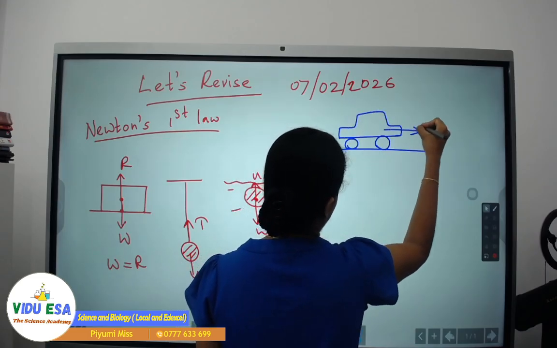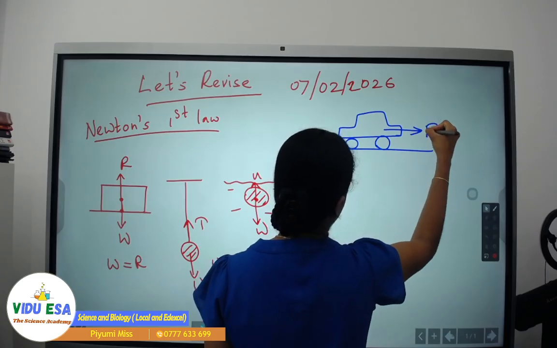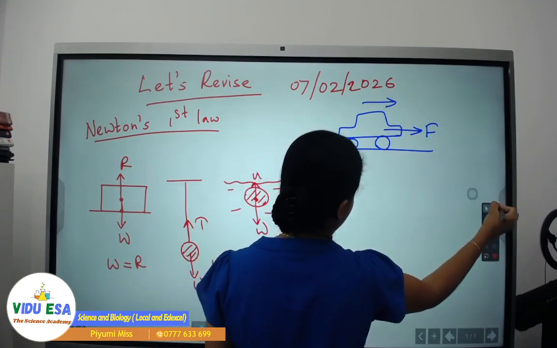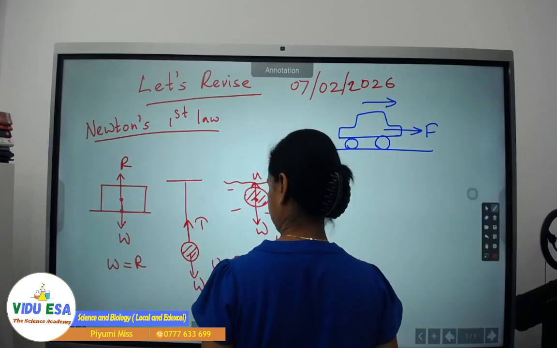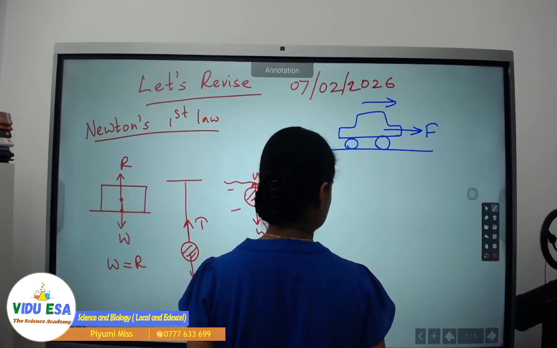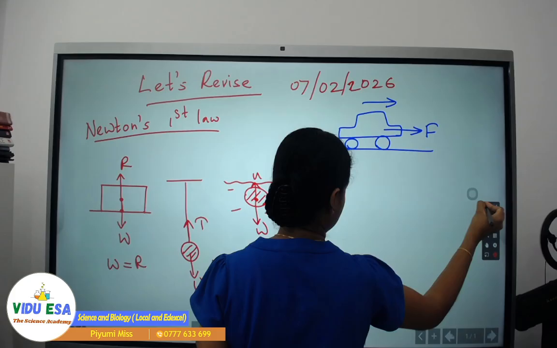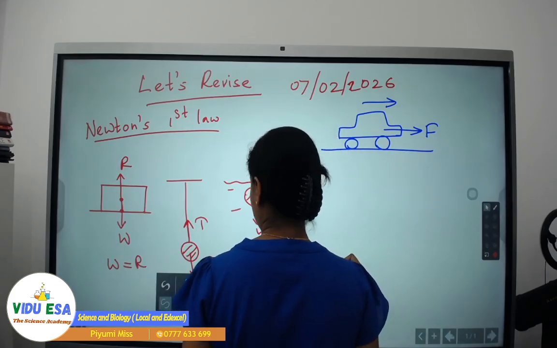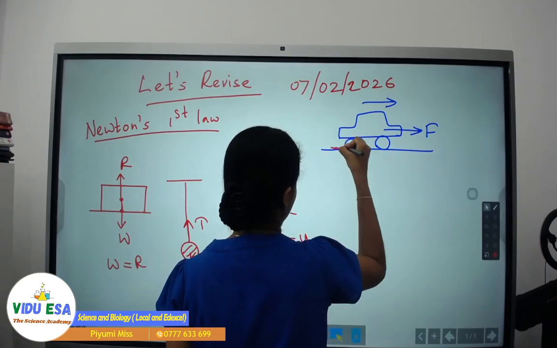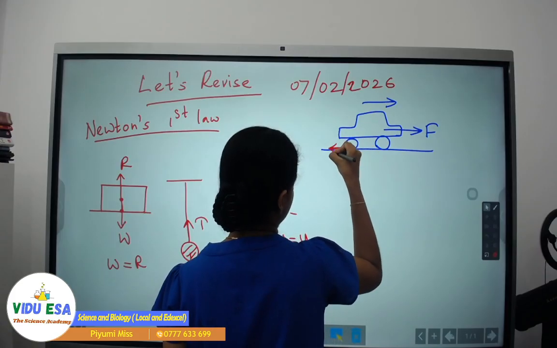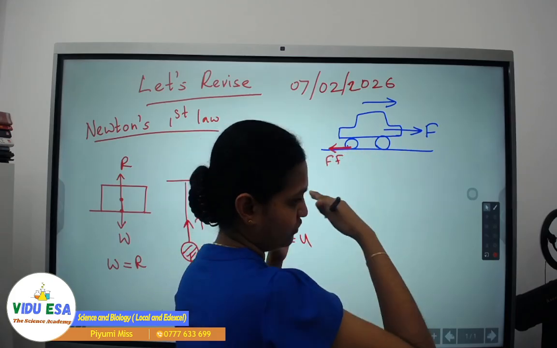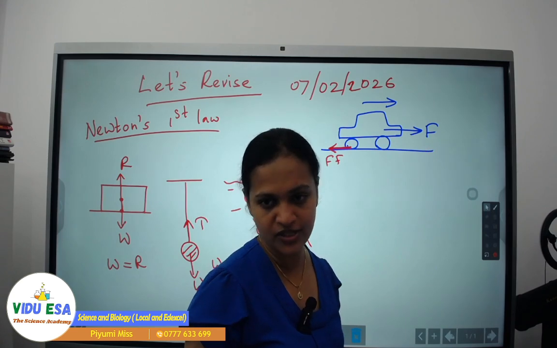If it is moving this way, the frictional force is exerted in this direction. So these two forces are the same. Therefore, this maintains a uniform velocity.